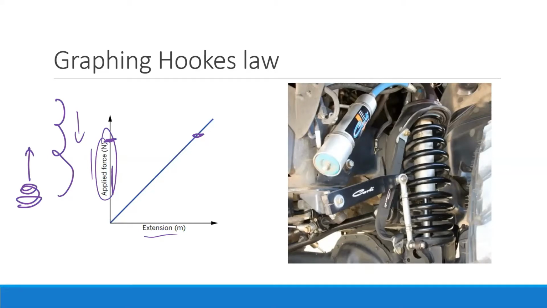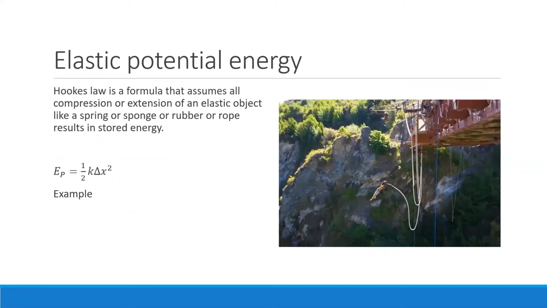So that means that when we talk about Hooke's law, we need to also mention energy, and that's where you get this. Hooke's law is a formula that assumes all compression or extension of an elastic object like a spring or a sponge or rubber or rope results in stored energy.